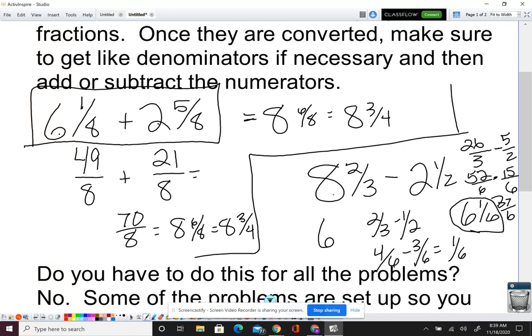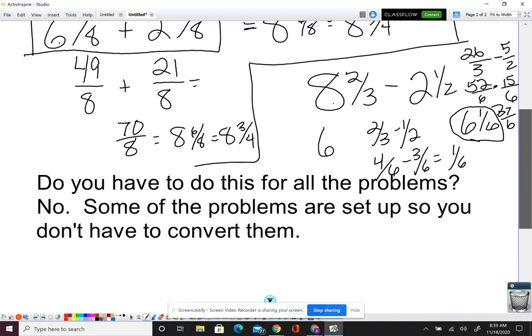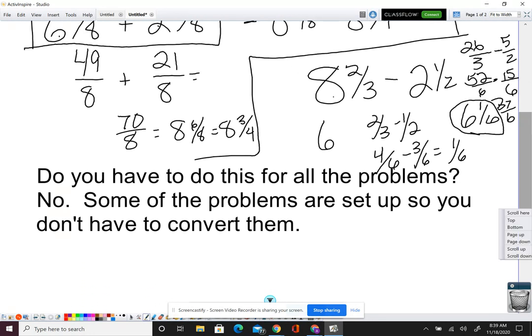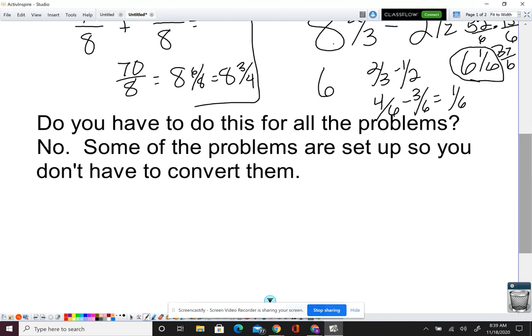So either way, you get the same answer. For either one of these, you could do it the other way, but it doesn't always work out. I mean, you may have run into more issues then.